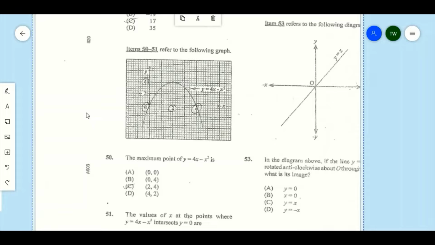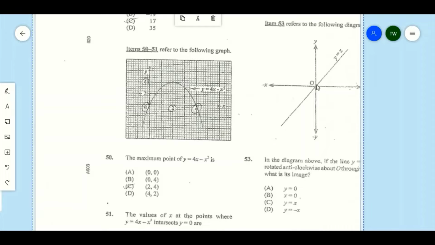Now to 53. Item 53 refers to the following diagram, and as you can see here, you see the diagram, and it says, in the diagram above, if the line y equals x is rotated anticlockwise about 0 through 90 degrees, what is its image?